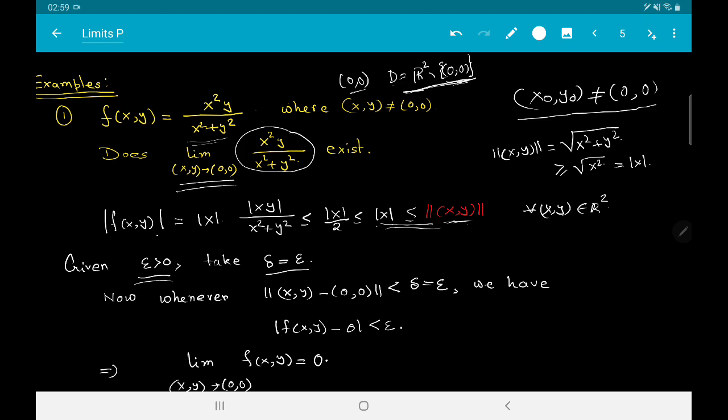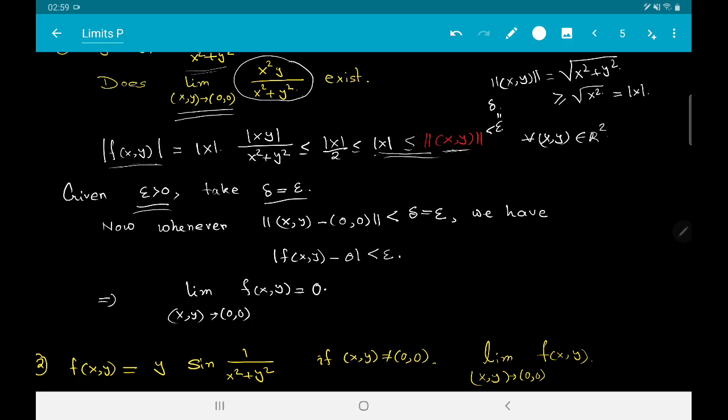So if norm of (x,y) is less than epsilon, which is delta also, then you can see that modulus of f(x,y) is less than epsilon. So what does it prove? That the limit of f(x,y) as (x,y) tends to (0,0) exists, and not only that, it is equal to 0.